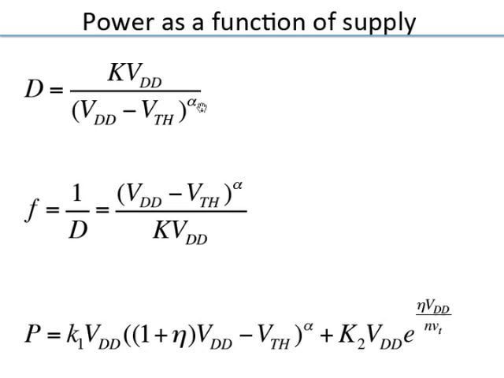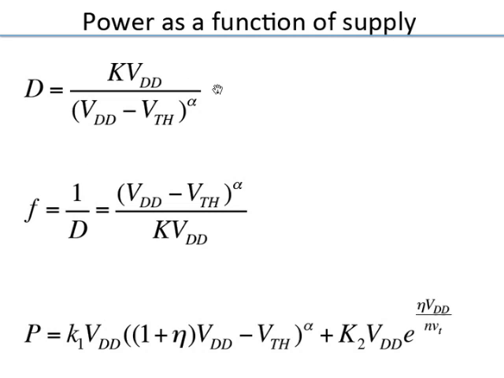This alpha is not the same as activity factor. It's a number between 1 and 2. And there is a capacitance C which you discharge. The charge is CVDD, and then you discharge through this current I. So the delay is charge by current. That is the equation for delay.